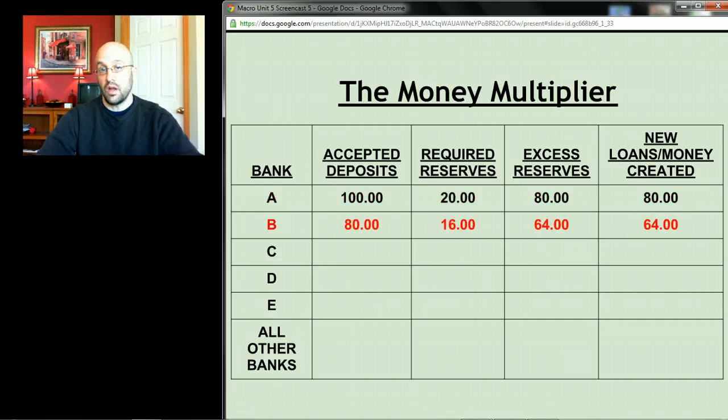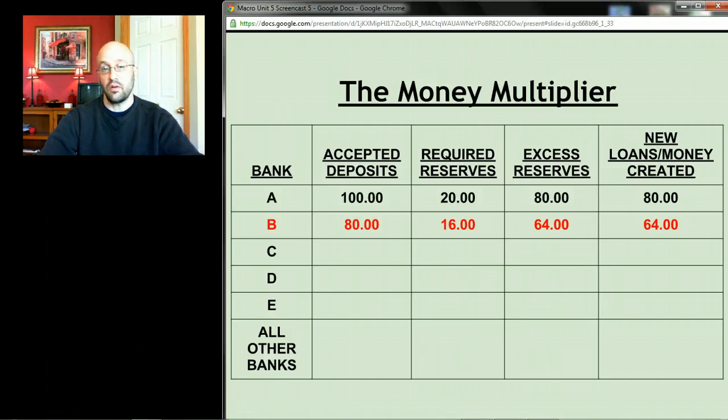They deposit that $80. The bank takes 20% of it, which is the reserve requirement, or $16, puts it in the vault, and the rest of it would be excess reserves, $64, which could also be lent out. When that $64 is lent out, that's another $64 in new money that gets created.